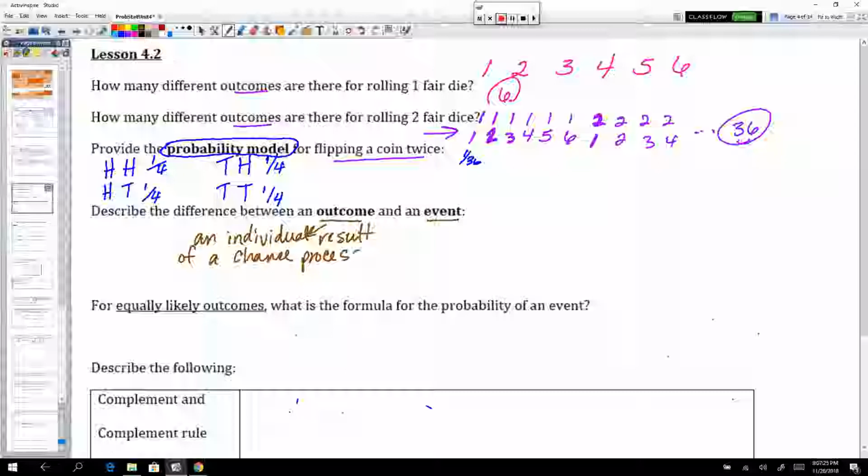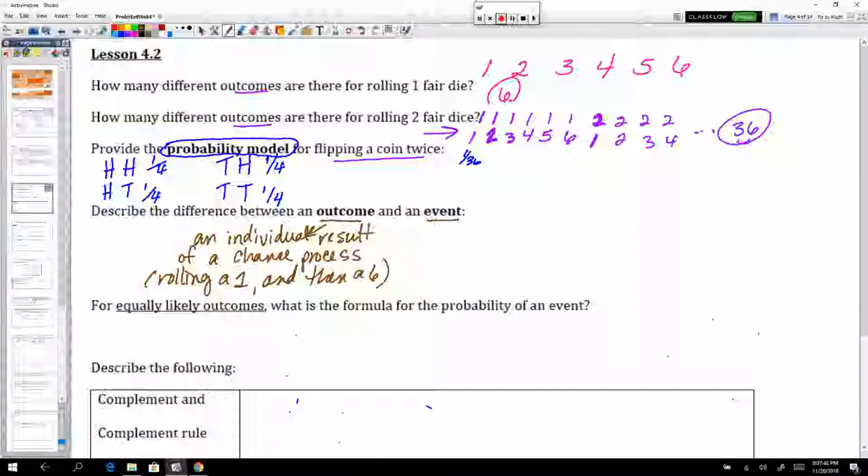That's an outcome. And I want you to be specific in your examples. I want you to see what happens with these examples. So follow with me and write this down for your example of an outcome. One example is rolling a 1 and then a 6. Okay? So that's my example that I want you to use for outcome.